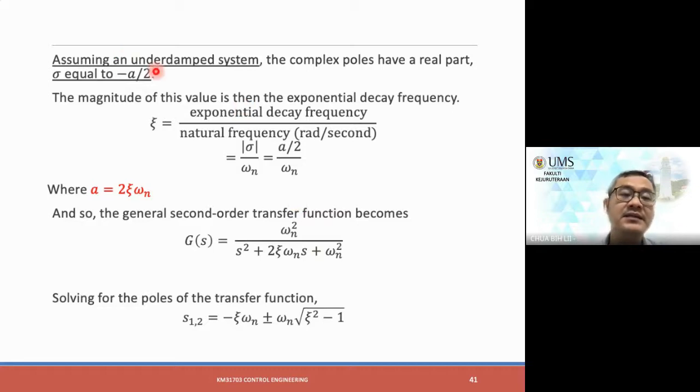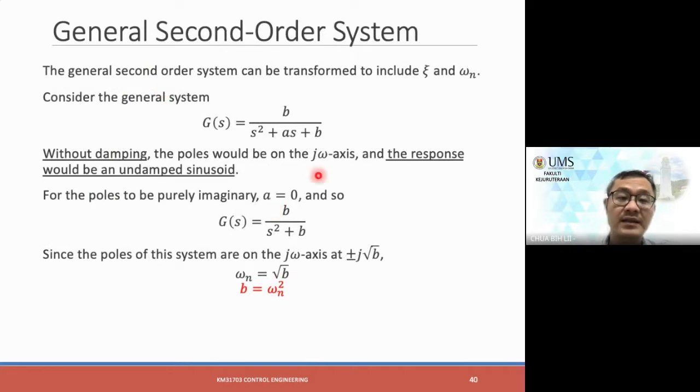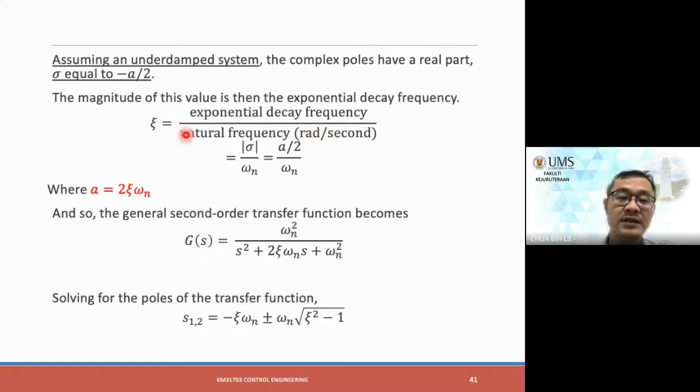Then the second characteristic that we would see for an underdamped system is that the poles have a real part equal to minus a divided by 2. How do we get this? Again, we look at the characteristic equation and try to solve it, and we will notice that it is minus a divided by 2, by solving without numbers, where the number is a.